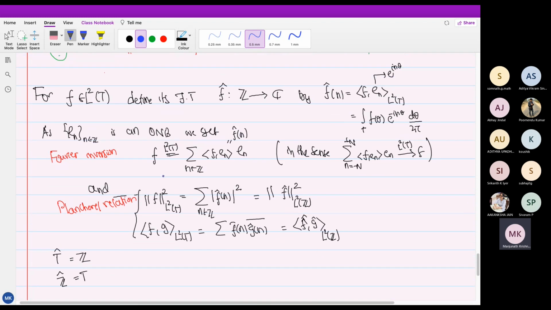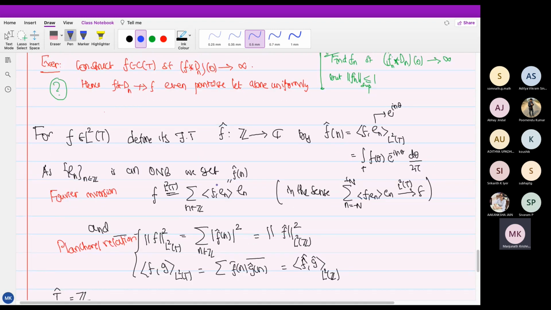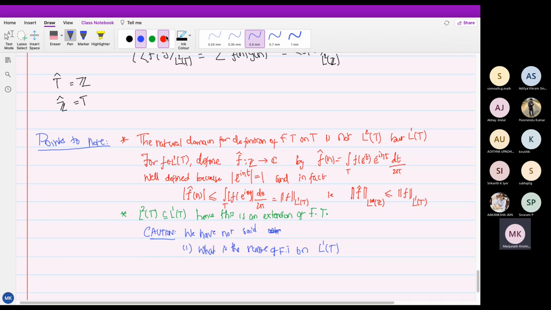When it was L2, it was L2 to L2 of Z. Any L2 of Z function you can put here and obtain an L2 of T function. This is in contrast to the fact that L2 of T to L2 of Z is an isometric isomorphism. So here we don't even know which functions arise as Fourier transforms of L1 functions.